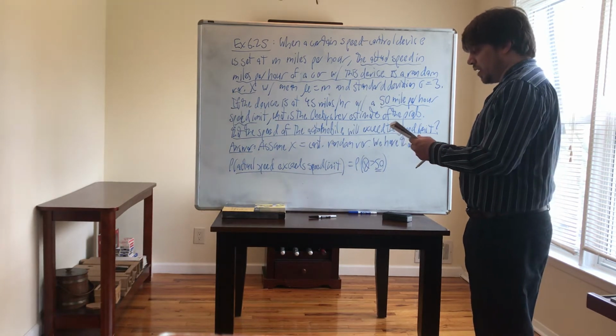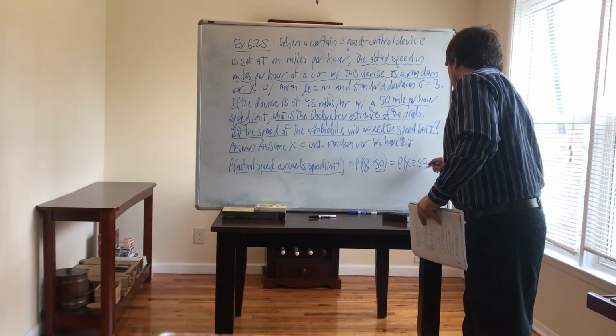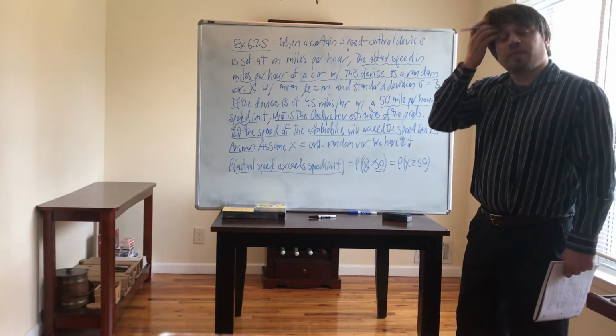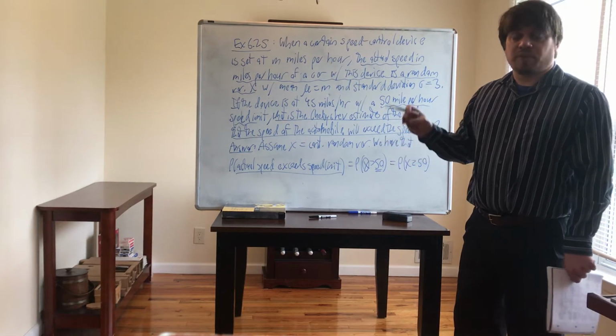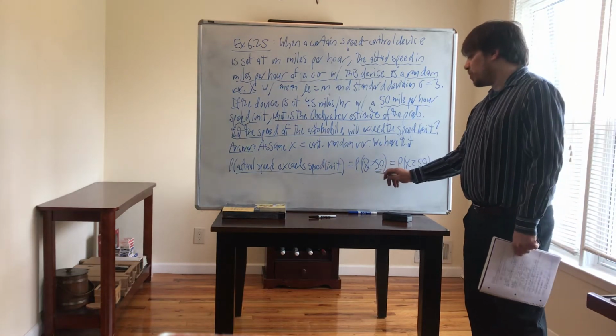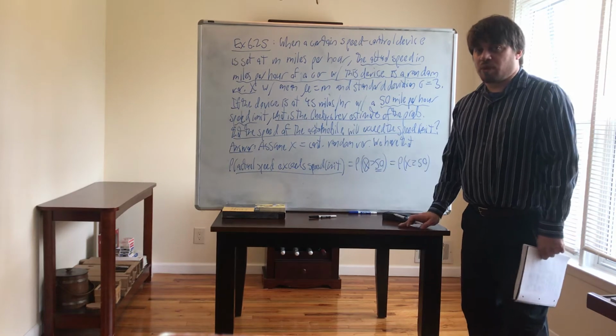Okay? That's equal to the probability that x is greater than or equal to 50. That's because x is a continuous random variable, and so the probability of a continuous random variable equaling any fixed number is 0. And so we can include x equals 50 into this inequality, and it will not change the total probability, right?